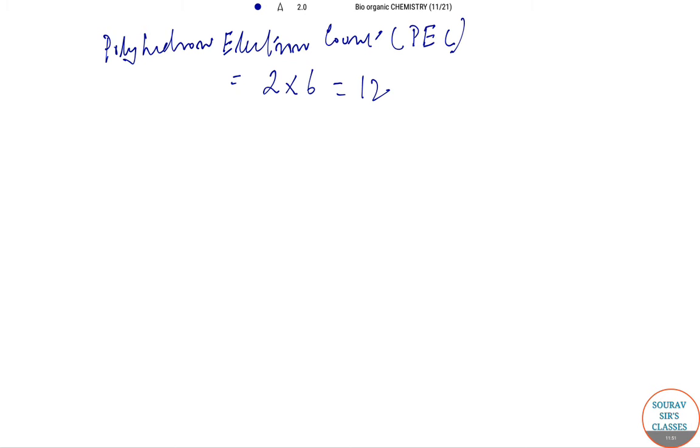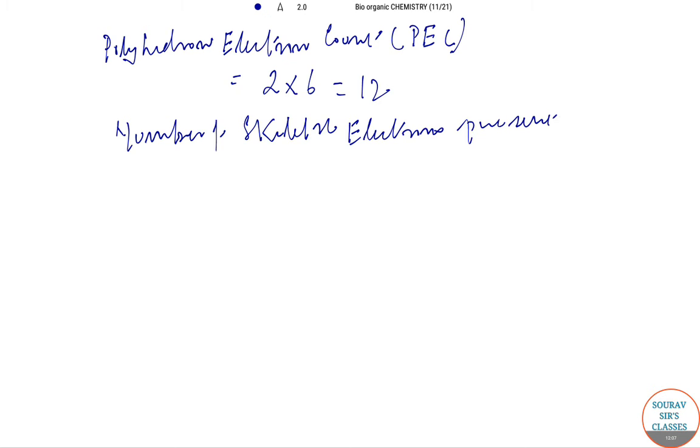Number of skeletal electrons present will be 26 minus 12 is equal to 14.